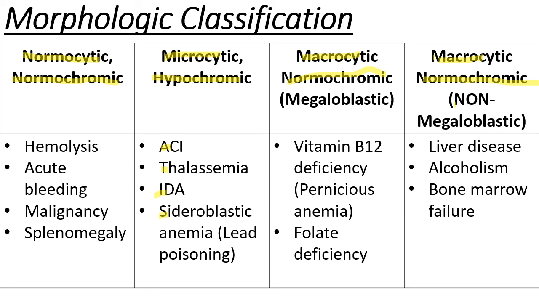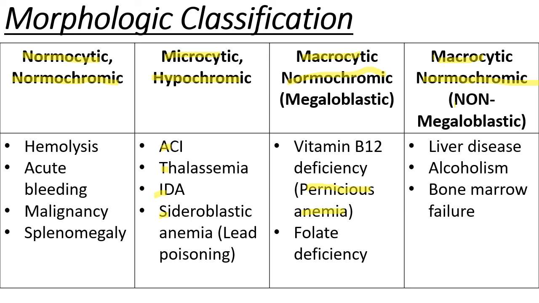Okay? And then sa macrocytic normochromic, we can further divide or classify this type of anemia into megaloblastic and non-megaloblastic anemia. Sa mga megaloblastic, dito persistent yung increased size of the RBC. These are maybe due to vitamin B12 deficiency na pwedeng associated with pernicious anemia, no? And folate deficiency or vitamin B9 deficiency.